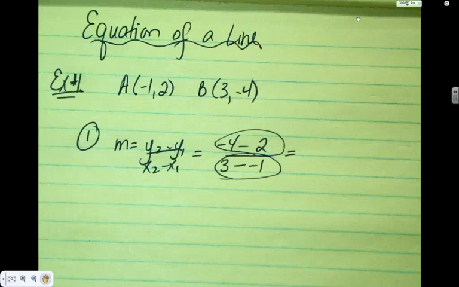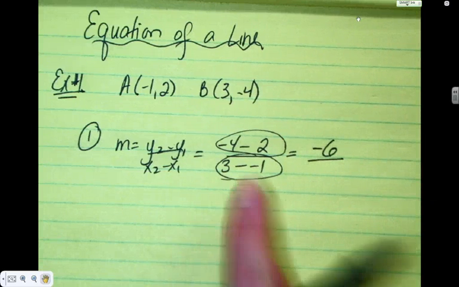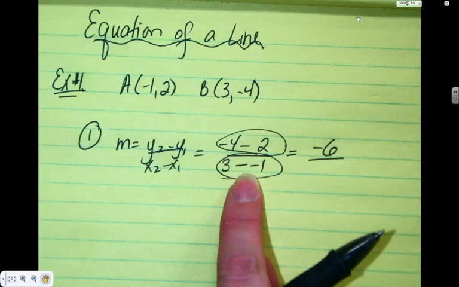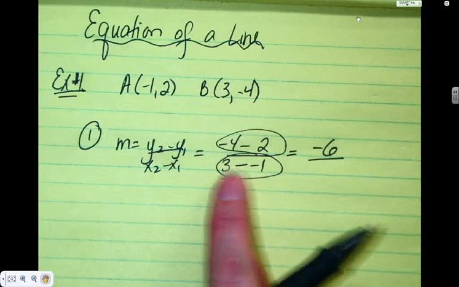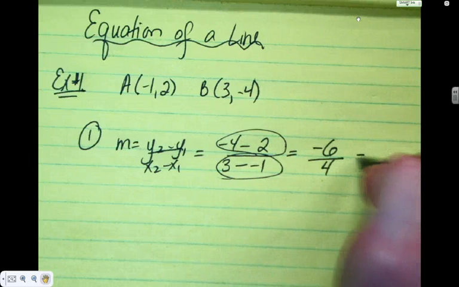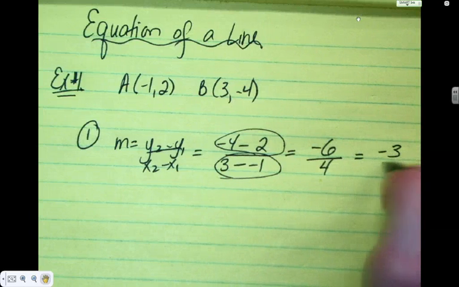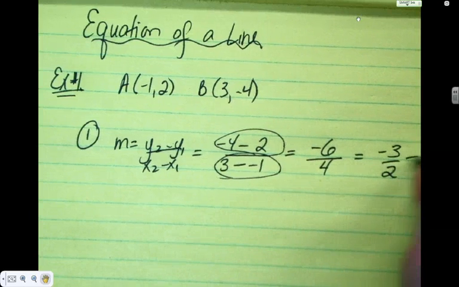So on the top we have -4 minus 2, negative 6. On the bottom, we have this negative negative, which becomes positive, so 3 plus 1, 4. And then just always reduce or simplify if you can. Can we reduce 6 and 4? By what? Negative 3 over 2. Okay, so that's the m value.